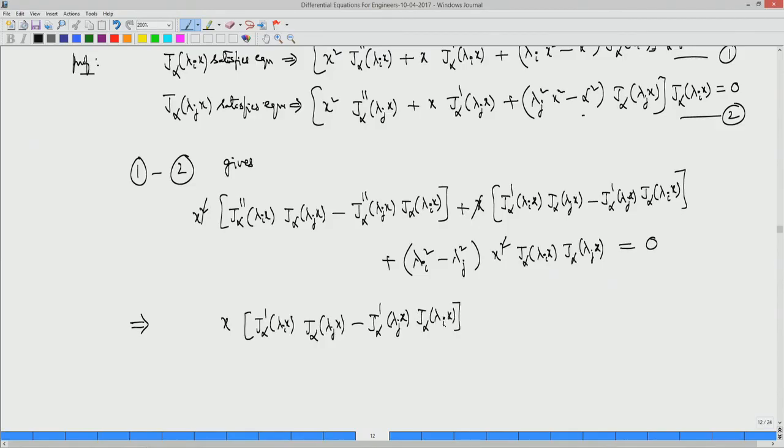You consider this function, you differentiate this with x. This is a function of two functions, a multiplication of two functions. If you differentiate, first you differentiate x, that will be simply this part, that you already have here. If you differentiate this one, what you get is this one. You can easily see that.